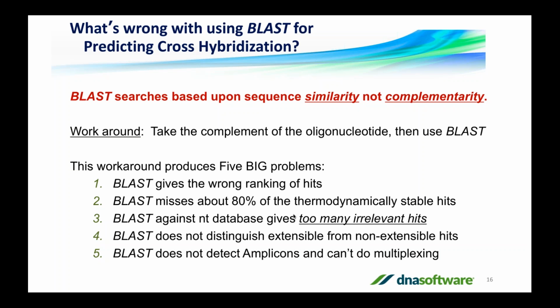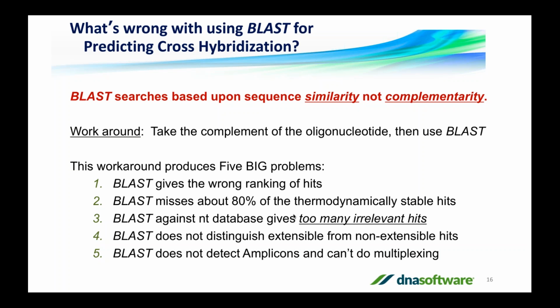The first is BLAST gives the wrong ranking of hits because it's based on an evolutionary scoring model, not on the thermodynamics of hybridization. Furthermore, BLAST misses about 80% of the thermodynamically stable hits. So many of the things that could cause a false amplification reaction in your reaction are not caught by the BLAST search.